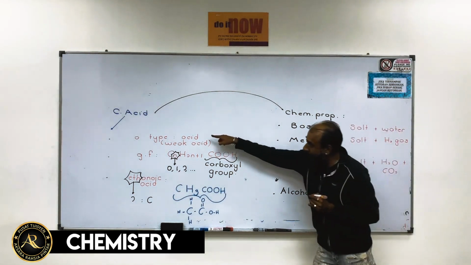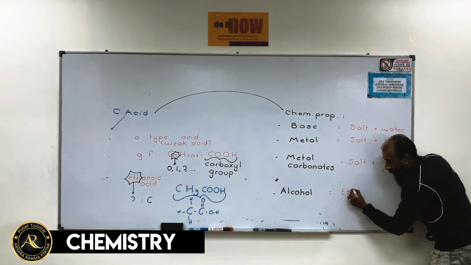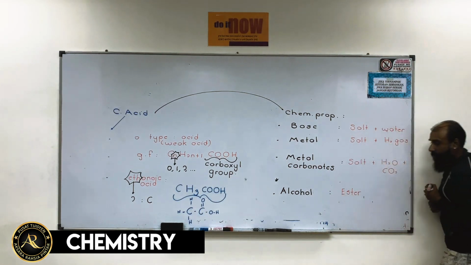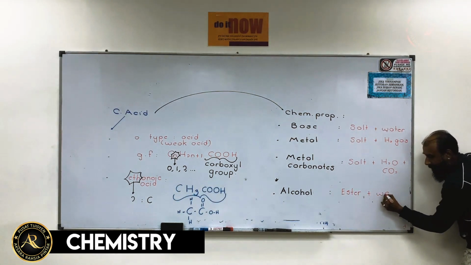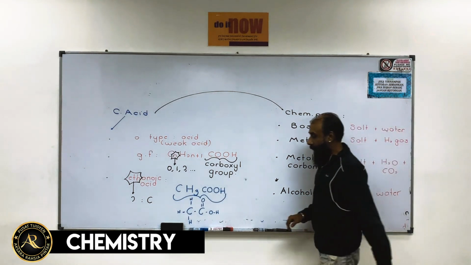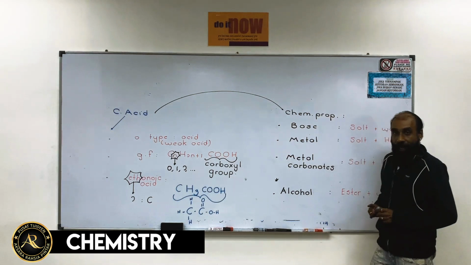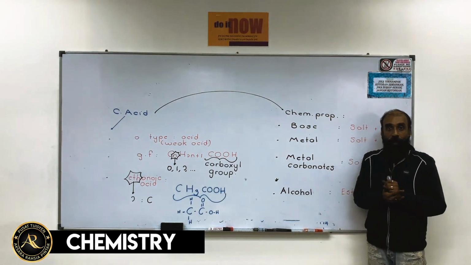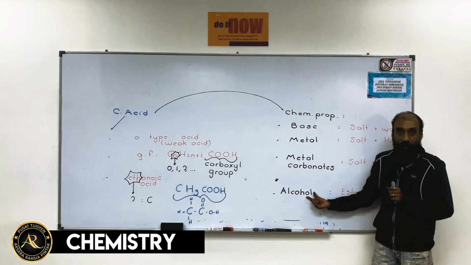And carboxylic acid plus alcohol gives ester and water as products. For today's lesson, we're going to do the first 3, and in the next lesson, when I explain about ester, I'll show you carboxylic acid reacting with alcohol.